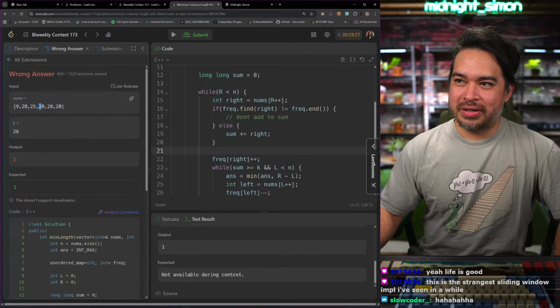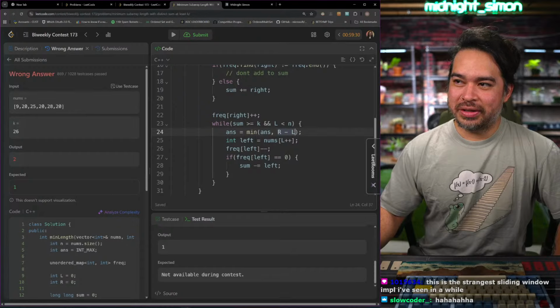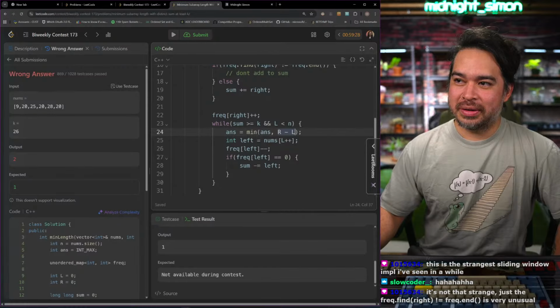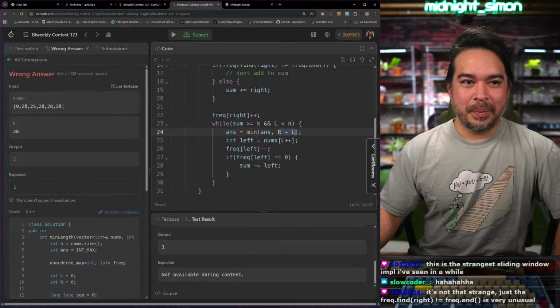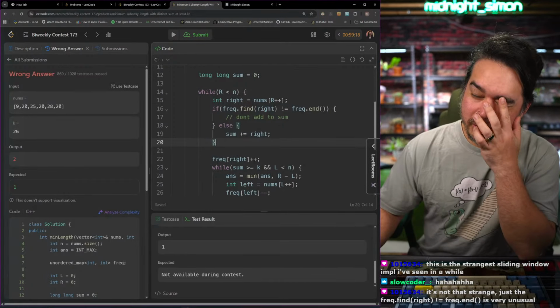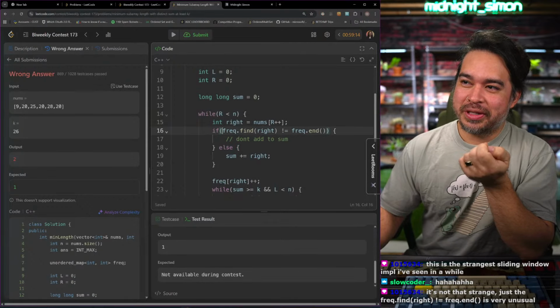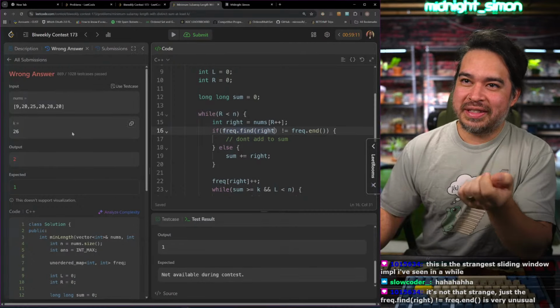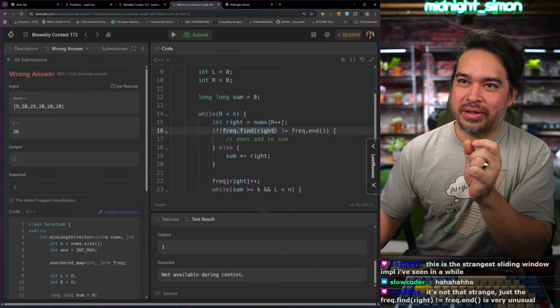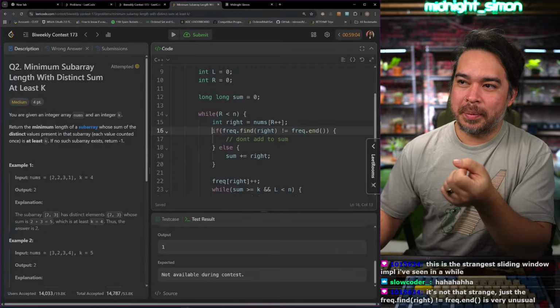I would think that my thing works, but it doesn't, you know? Just this part? Well, this is specific to this problem, I suppose, because I'm just looking to see if it's in the set, because they only want the sum of distinct numbers in the subarray.